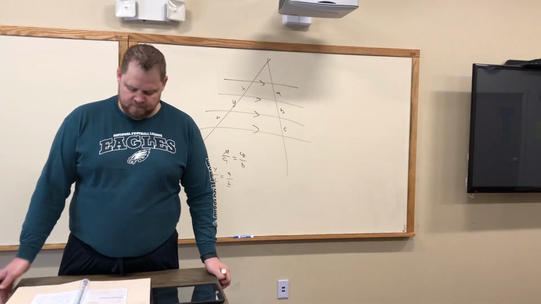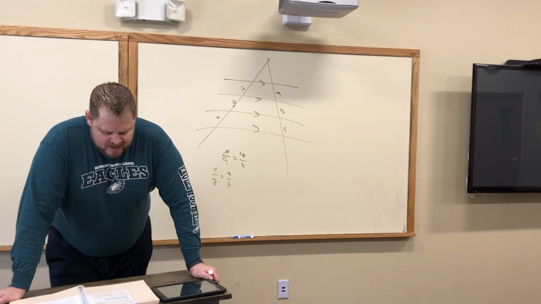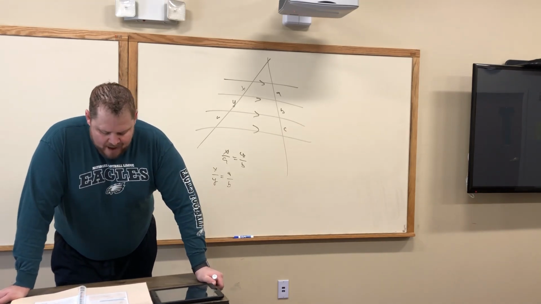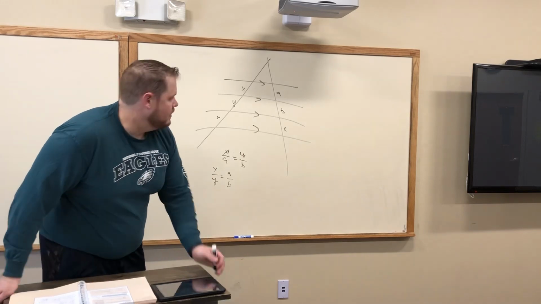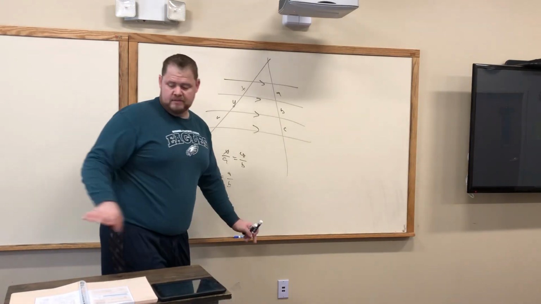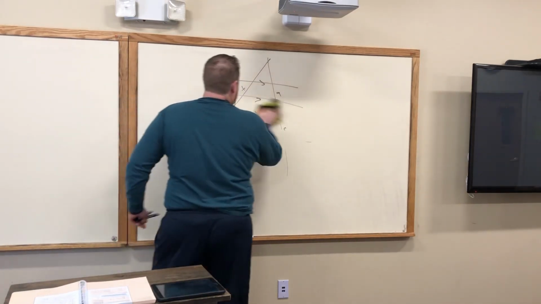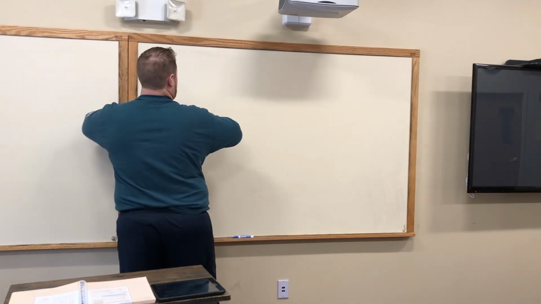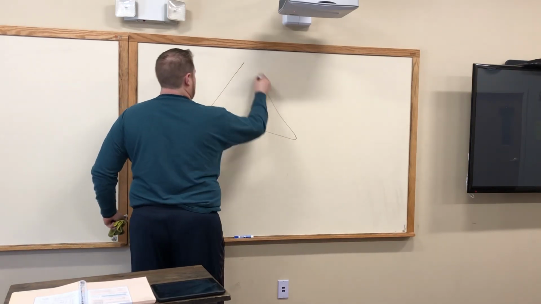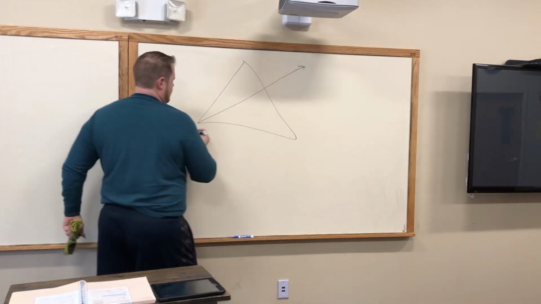This is the next theorem you need to know. The bisector of an angle in a triangle divides the opposite side into segments that are proportional. So all this is saying is, if I have a triangle and I draw an angle bisector, first off, class, what's an angle bisector?